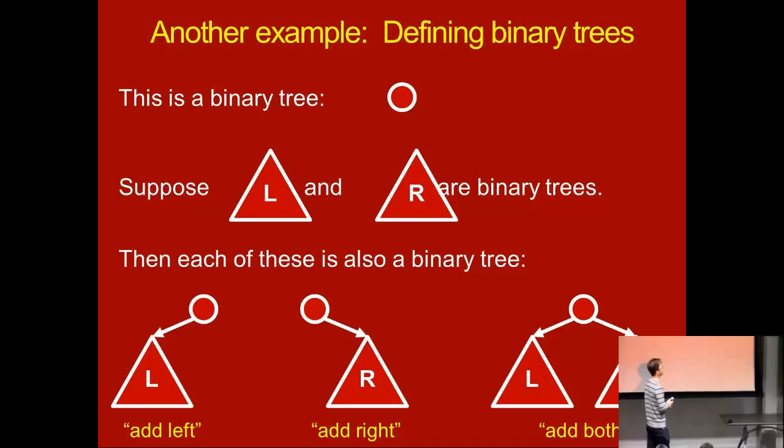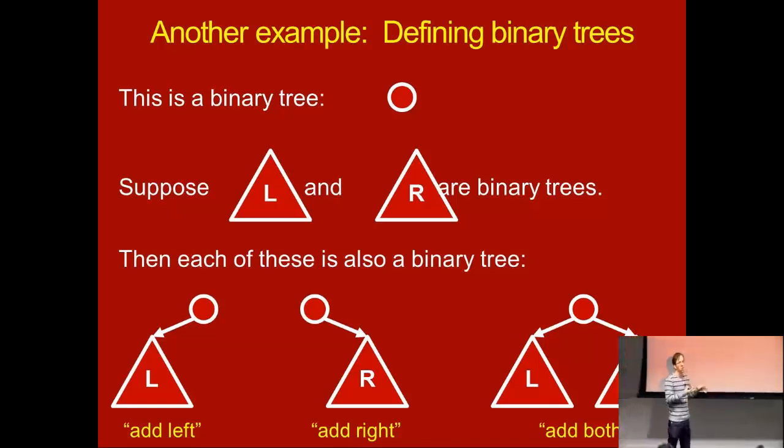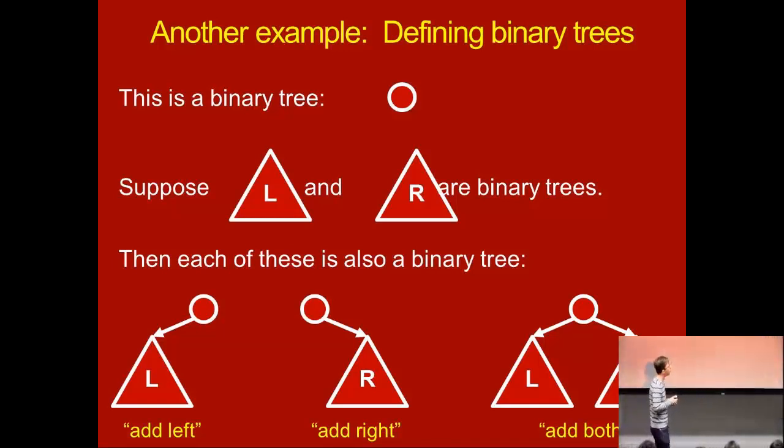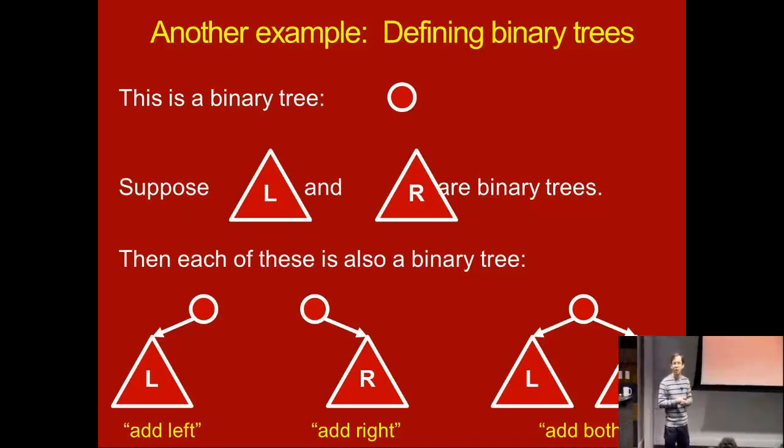Let me give one more example. Both of those previous examples were kind of about modeling some situation you already have. The ATM example, we modeled it with the deductive system. Maybe that parenthesis example was about modeling matching parentheses. Again, we'll come back to that point. This is an example where we use a deductive system just to define an object.